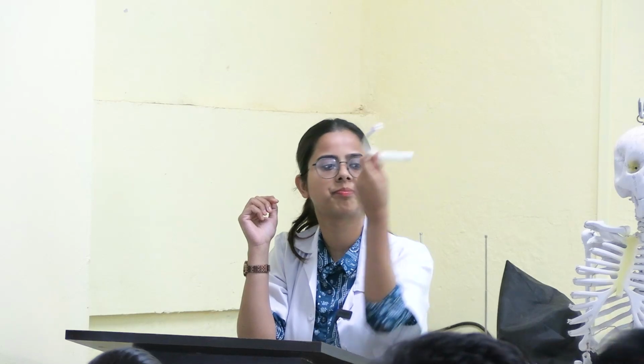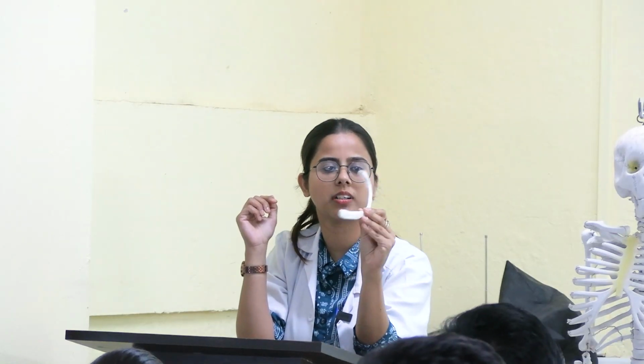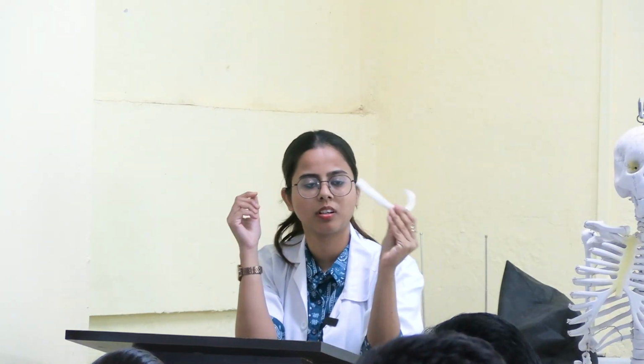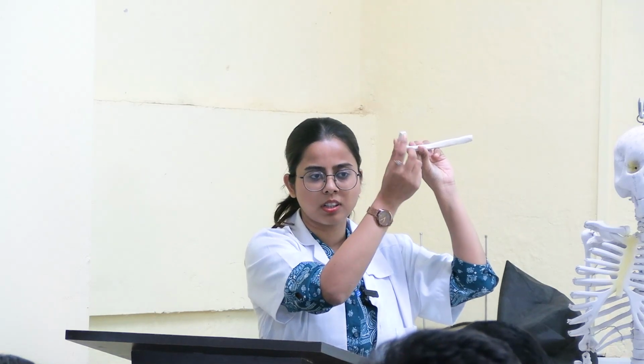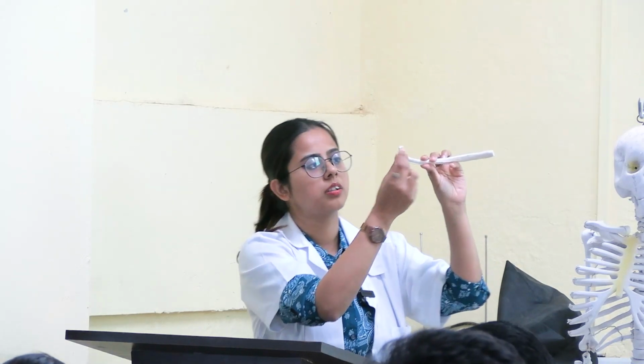So this is a typical rib or atypical rib? This one? This is a typical rib, okay? So in a typical rib, you have seen that in the posterior end, we have two articular facets articulating with the vertebra.